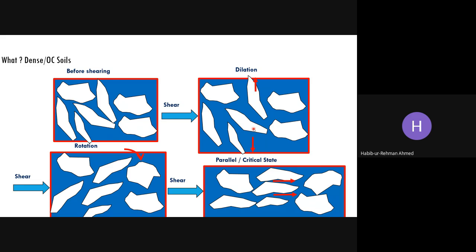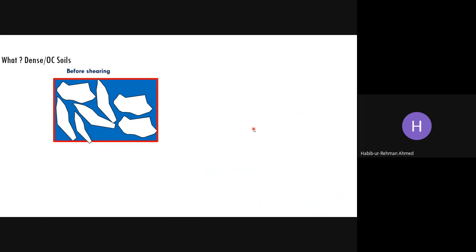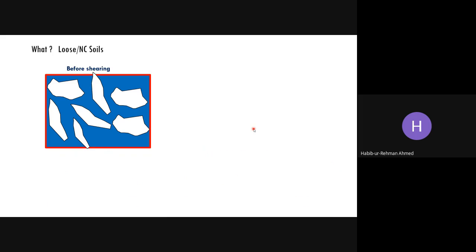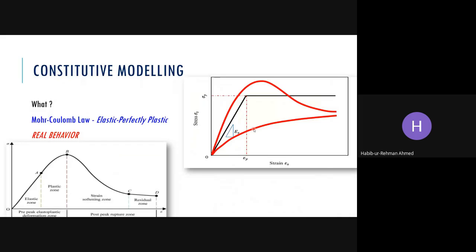and finally you will see the same state. If I go back to this one, you can now well understand that the upper part of this is the behavior for the dense material.